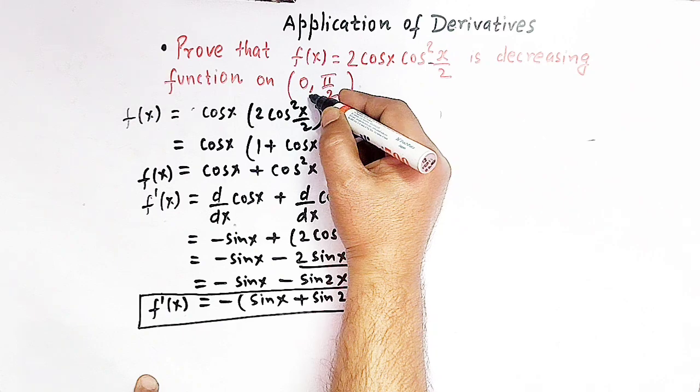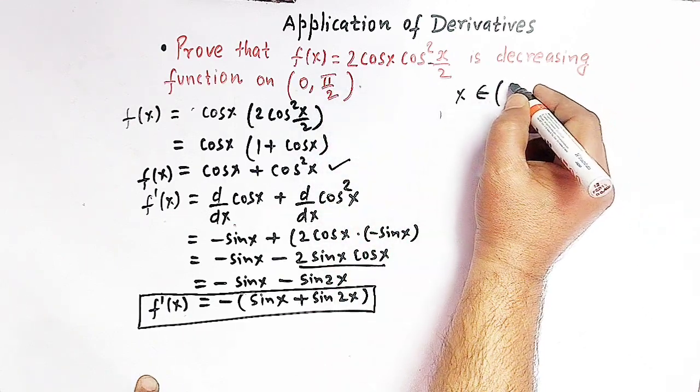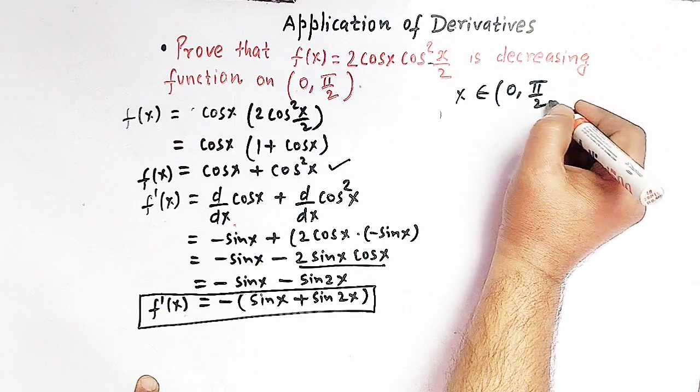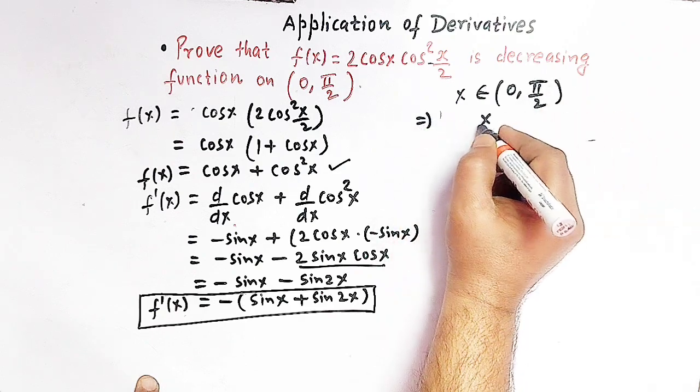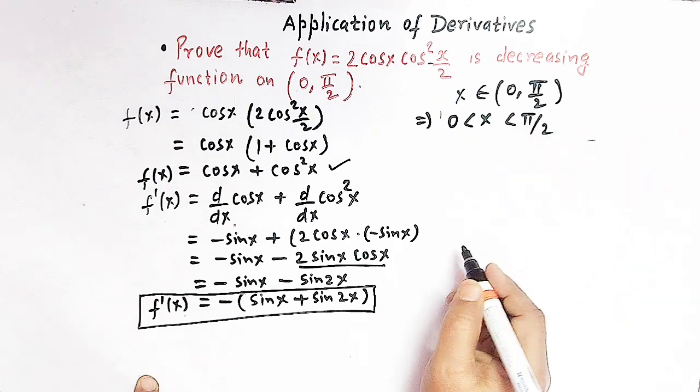So now let us see this interval. Here x belongs to 0 to pi by 2. So this suggests that x should be greater than 0 but less than pi by 2.